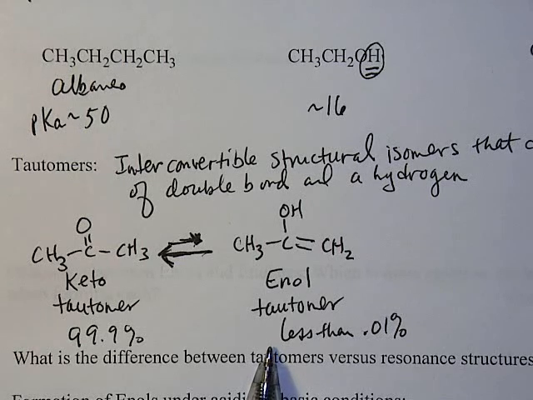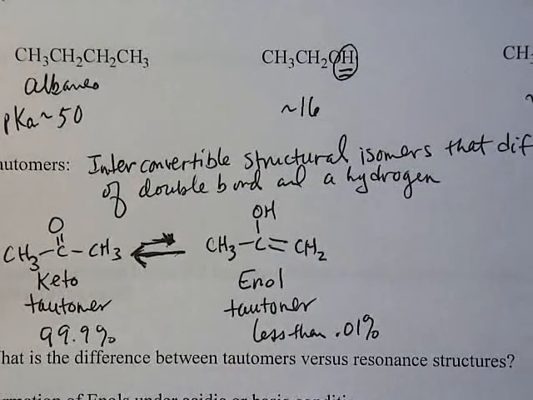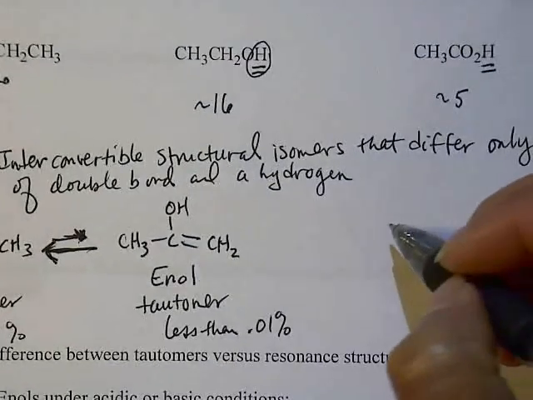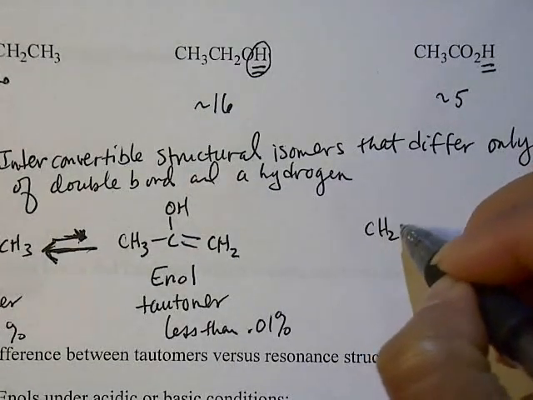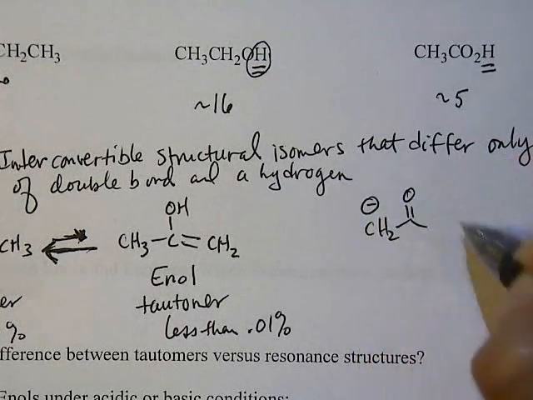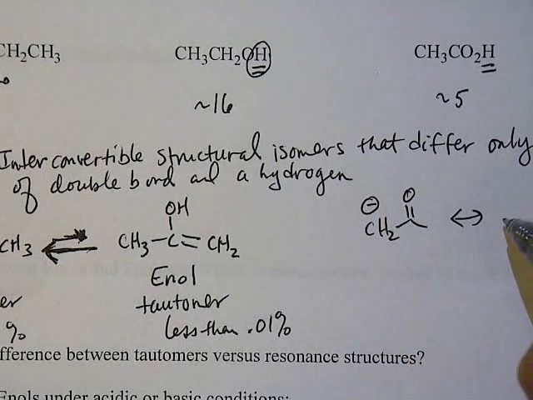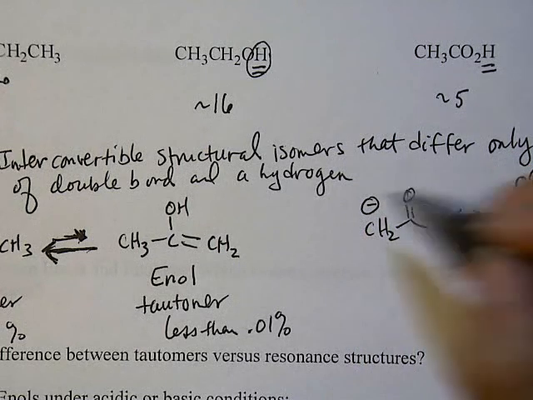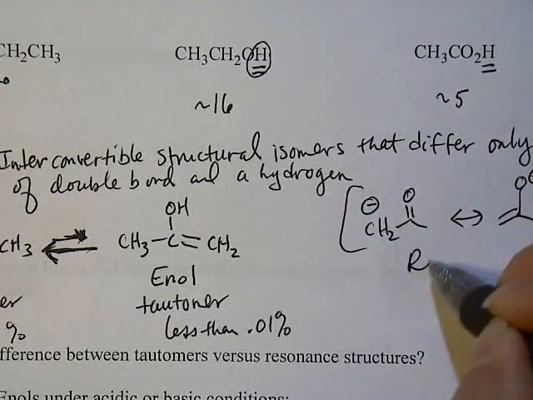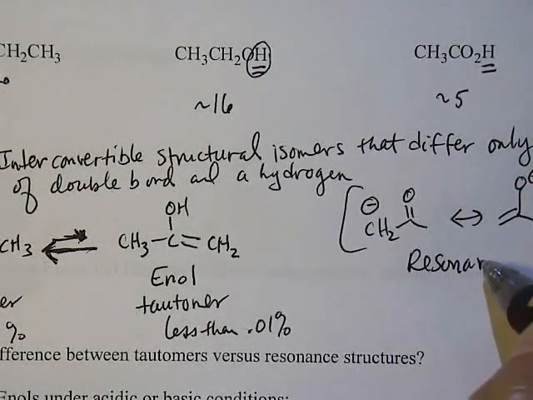All right. Now, many people get tautomers mixed up with resonance forms. If we draw a resonance form, like for an enolate, so this would be resonance structures, right?